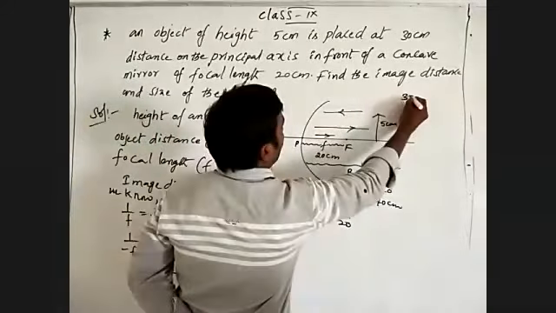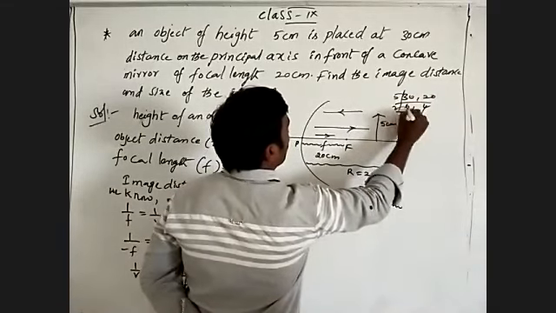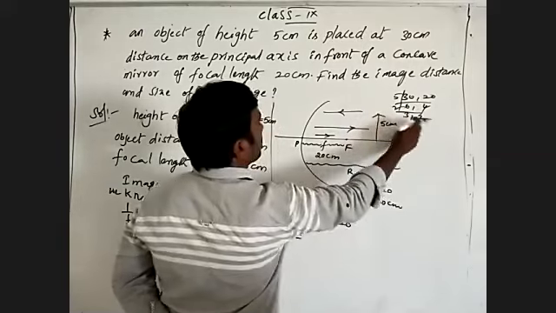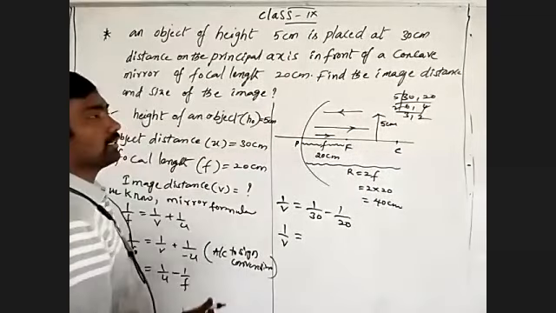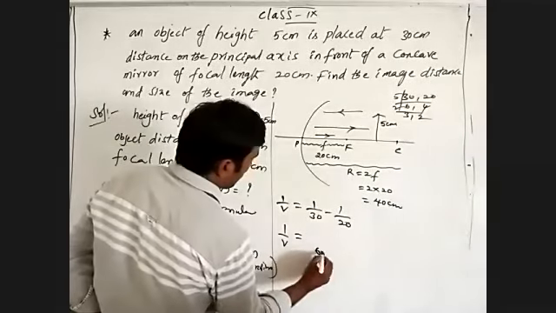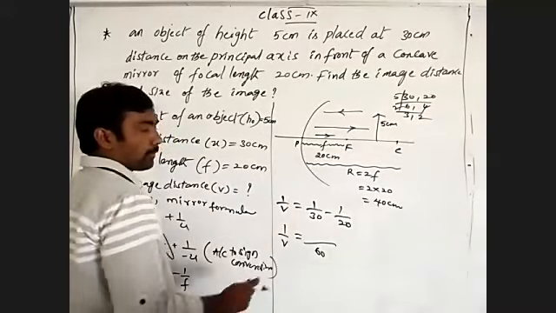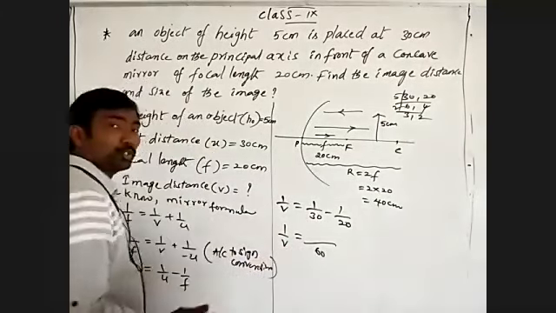Do you know LCM? 5 6s are 30, 5 4s are 20, 2 3s are 6, 2 2s are 4, so the LCM is 60. 30 2s are 60.